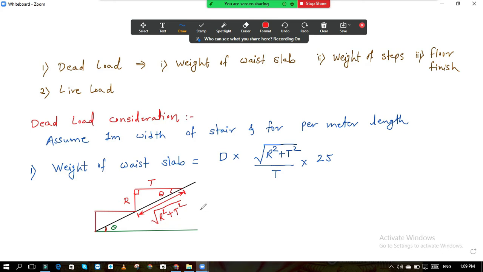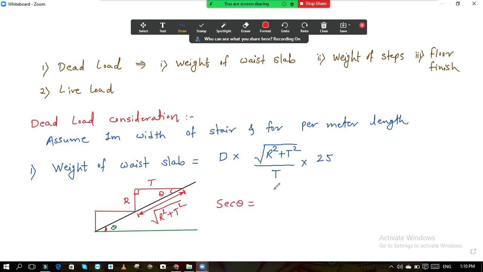So here we use sec theta. Instead of the term under root R square plus T square, if you multiply by sec theta, it is also okay. If you consider this triangle and take sec theta, what is the formula for sec theta?